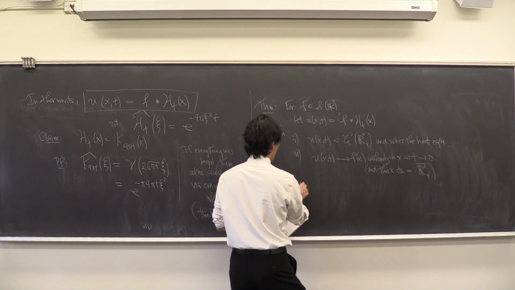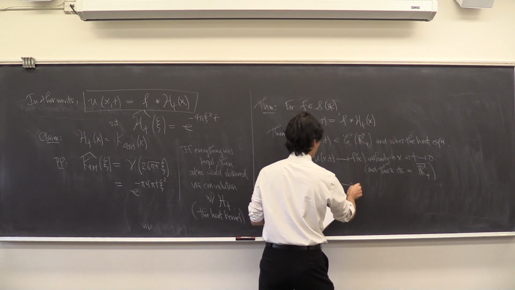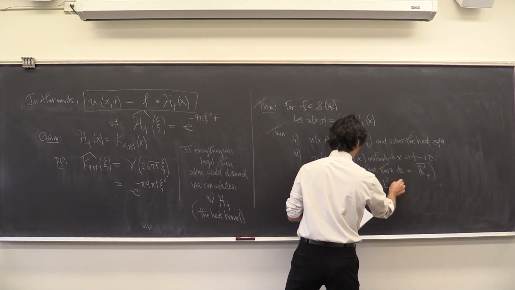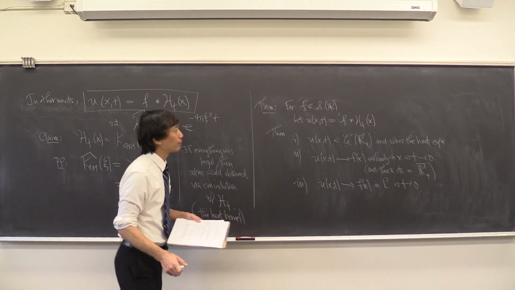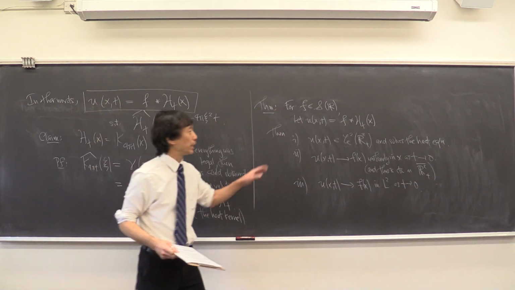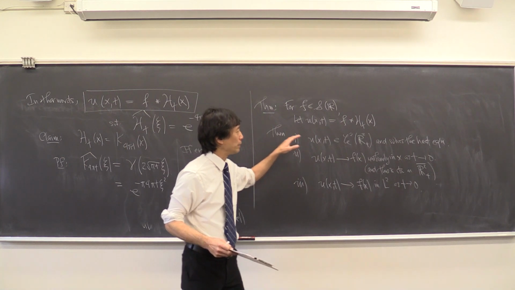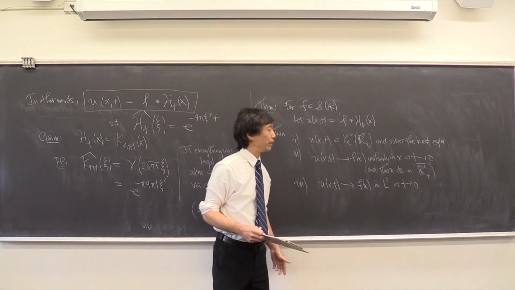And three, u of x,t actually converges to f in L2 as t goes to 0. Okay, so this thing actually does work as a solution. It solves the heat equation and it converges back to the boundary values that we desired.